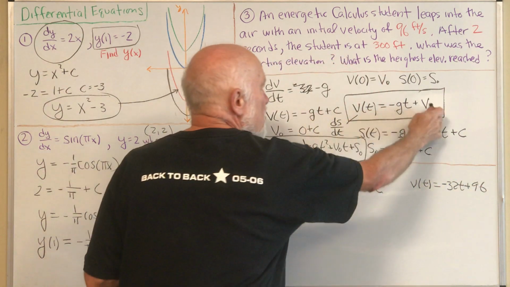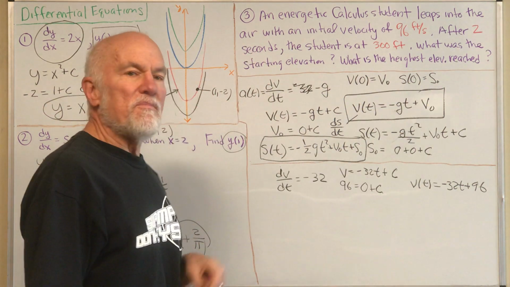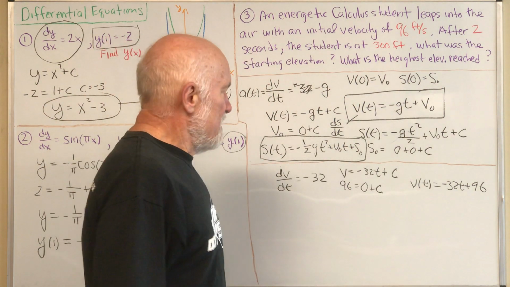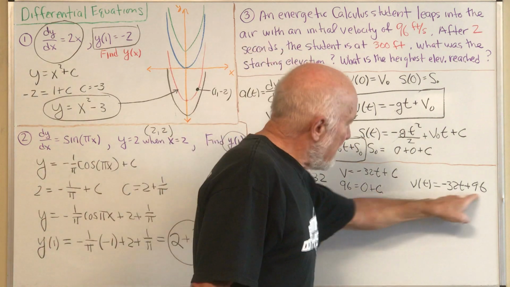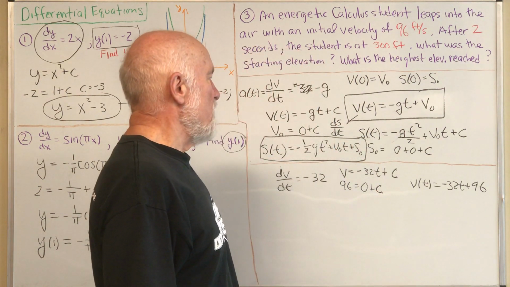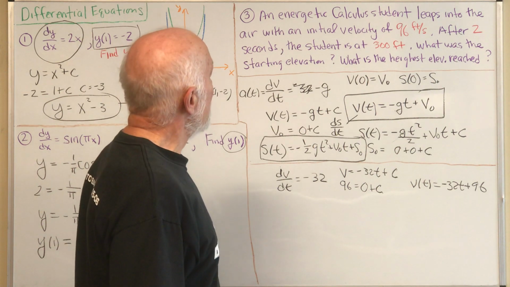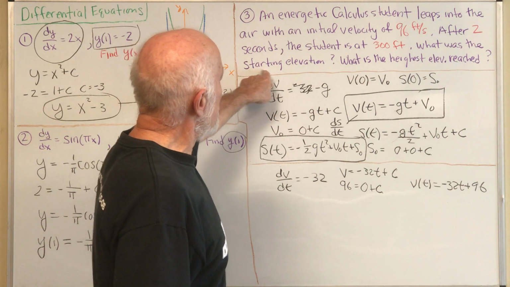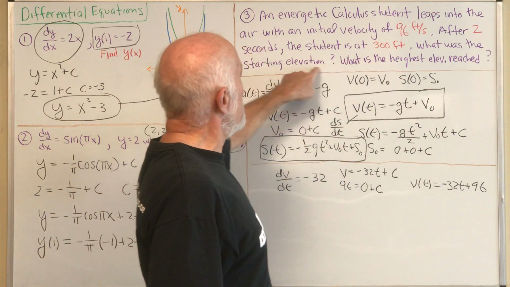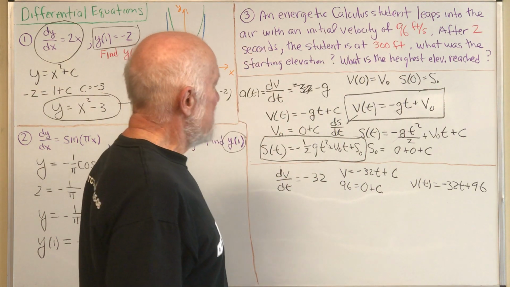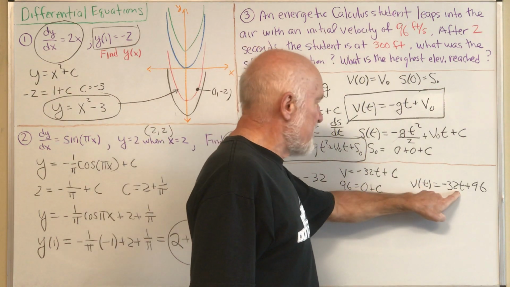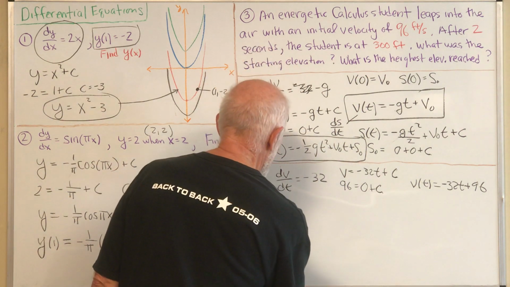We could have just used that equation, but it was kind of fun to retry it one more time to see if we got the same thing. Well, let's see. We need to know something about where this student is, so we better take the antiderivative of this to get the position equation.